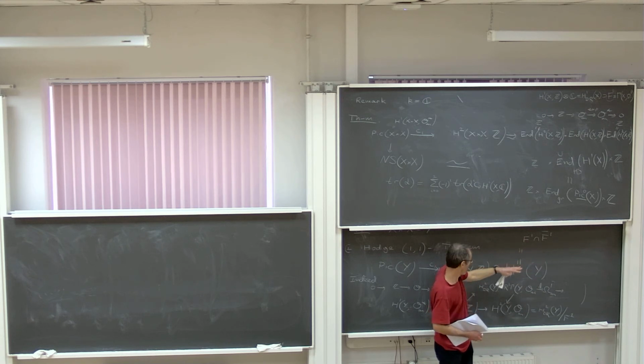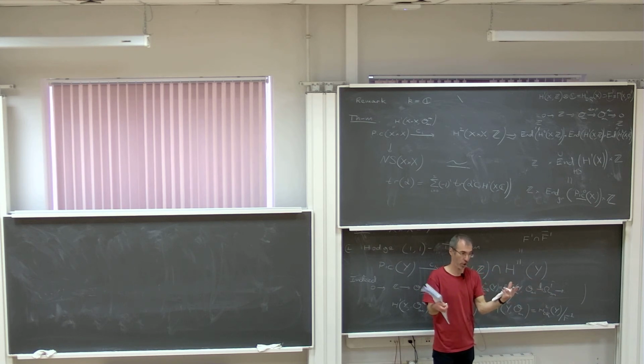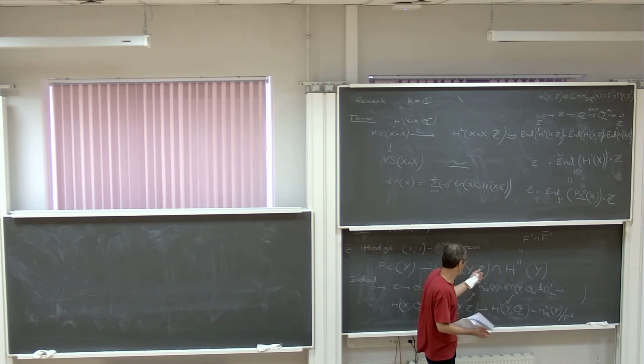It depends on the Hodge filtration in Y. What does the Hodge filtration in Y look like? Y is X times X, so you can use the Künneth formula, and the Künneth formula is compatible with the Hodge filtration. So basically you have the same ingredients. Here you have the F1 term.